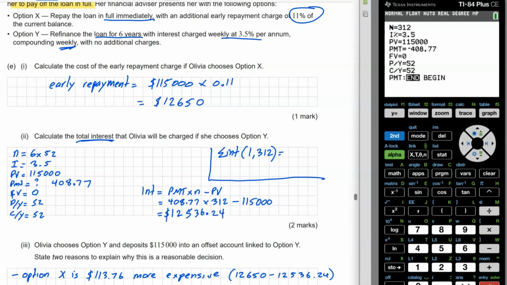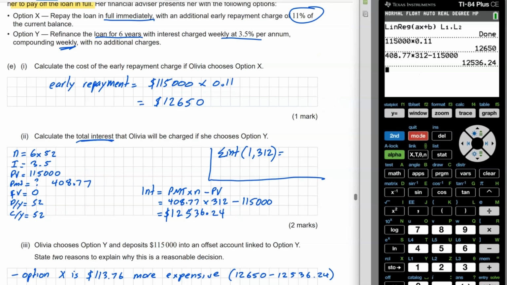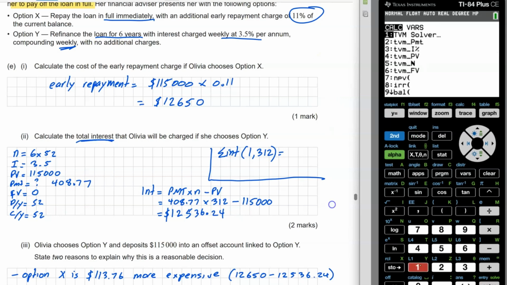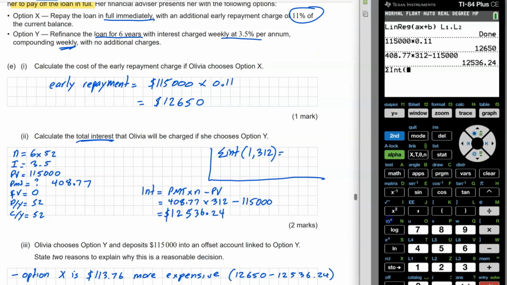Okay, so that's all set up. So then when you go back out here and then you go apps, finance, and then we go down till we get to that sum of int, we can do the 1, 312, close it up, and then we get 12,535.83. So either method is fine. Just have to be clear, obviously, which one you're doing and which one you prefer.